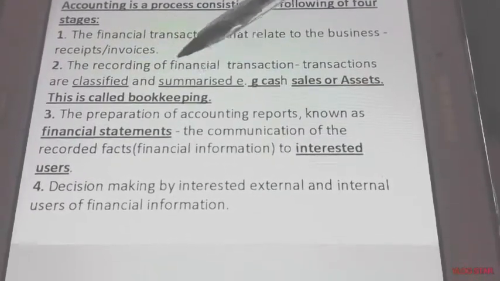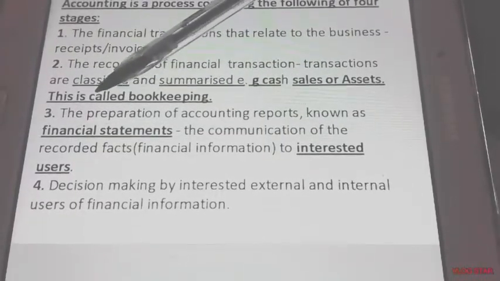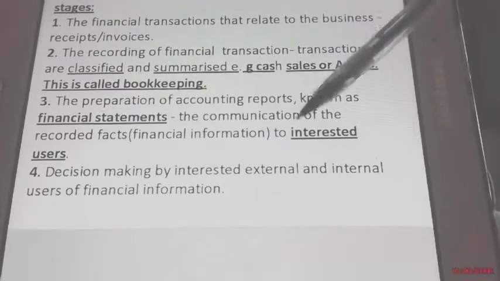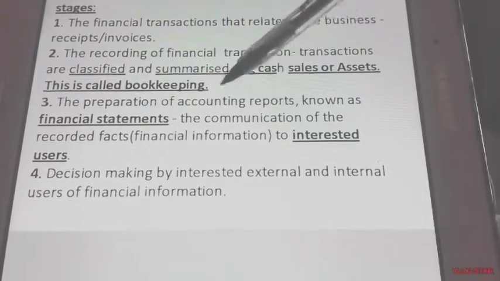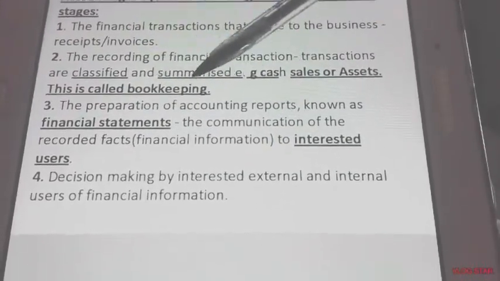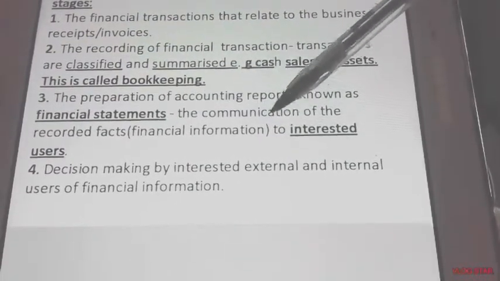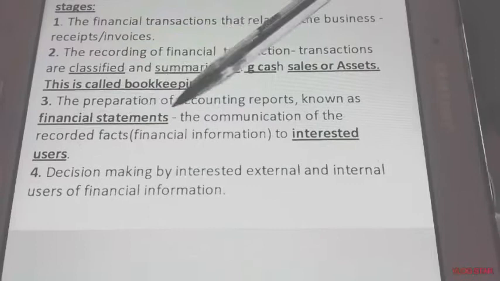This is what we call bookkeeping. The third stage has to do with the preparation of accounting reports. After bookkeeping, we use the information to prepare the accounting reports, which we call the financial statements.